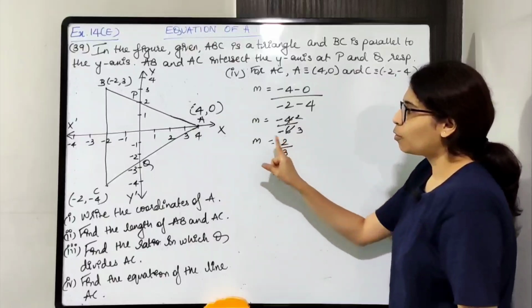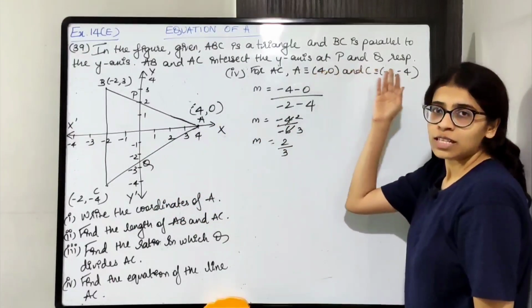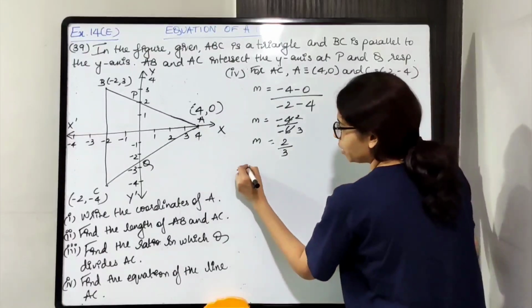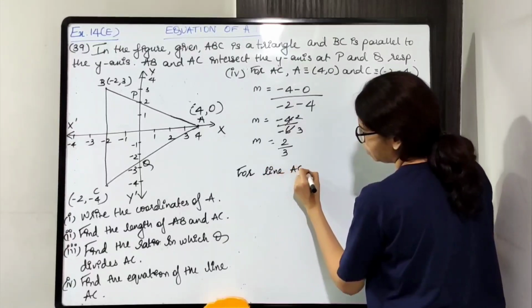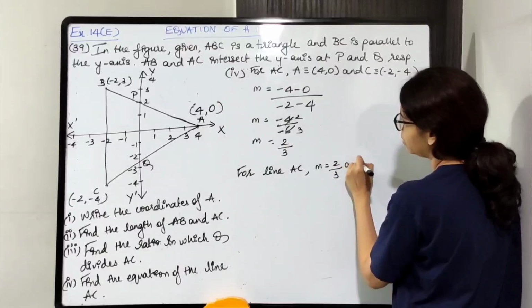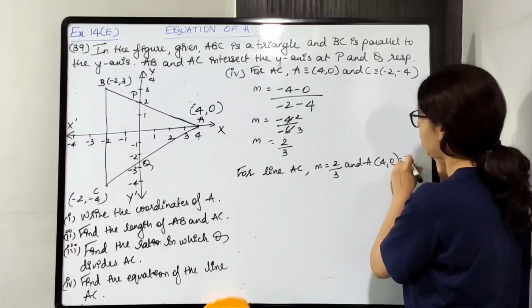So slope of the line AC we got. Take any one point's coordinates as x1 y1. I'll take coordinates of A as x1 y1. So write down for line AC, m is 2 upon 3 and A (4, 0) is x1 y1. Okay.